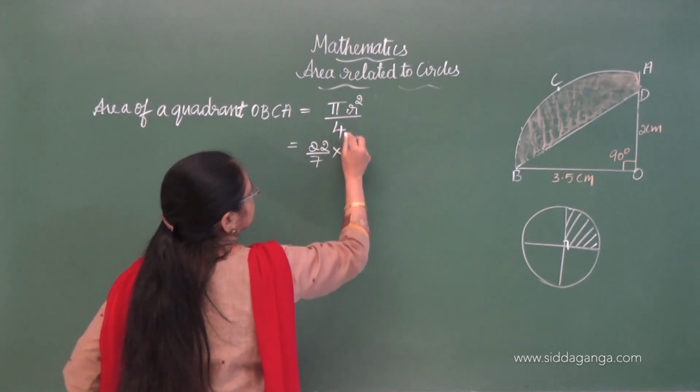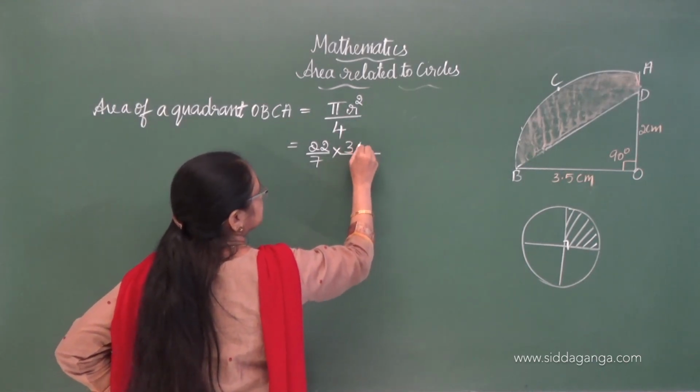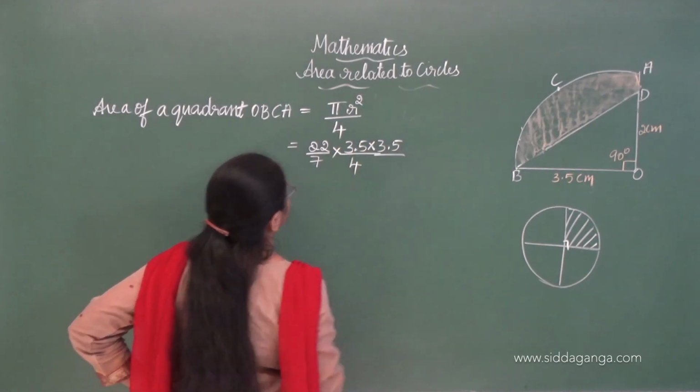pi r square divided by 4, r is how much? Radius 3.5 into 3.5, okay.